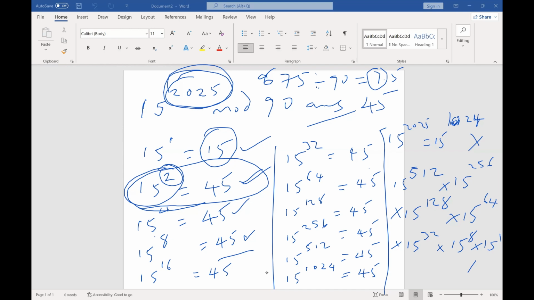So we now multiply those numbers. This number here was 45.